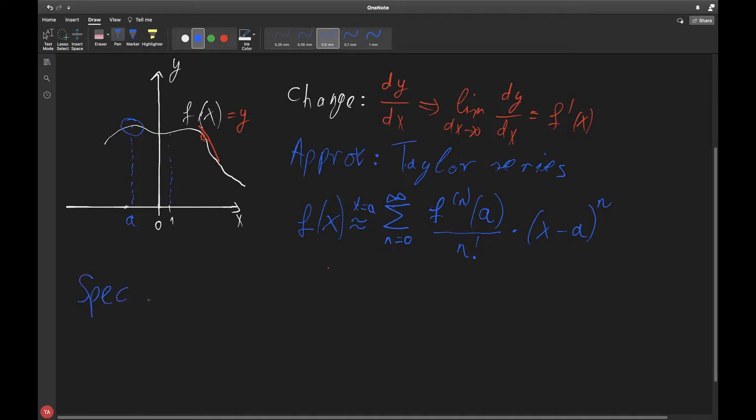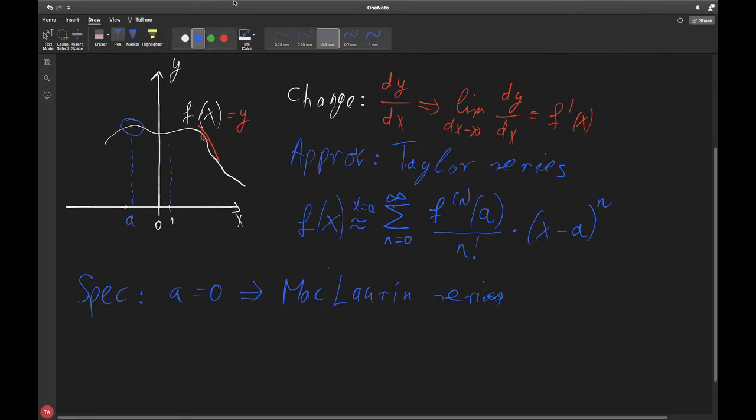If a is 0, then the whole thing is called the Maclaurin series. That's a bit nicer because then it's just going to be the nth power of x instead of x minus a.